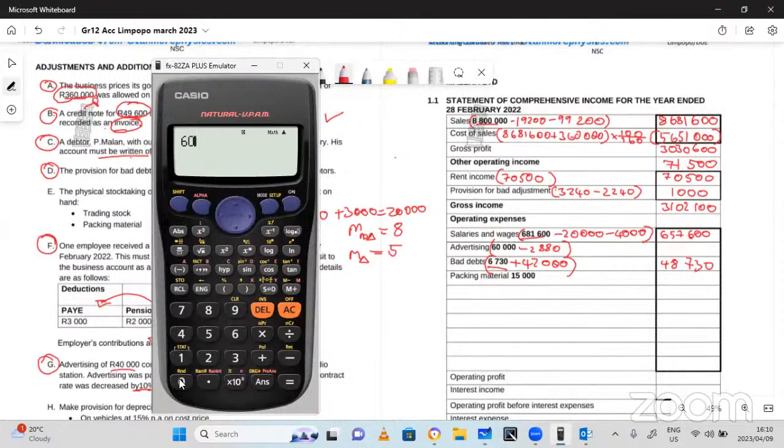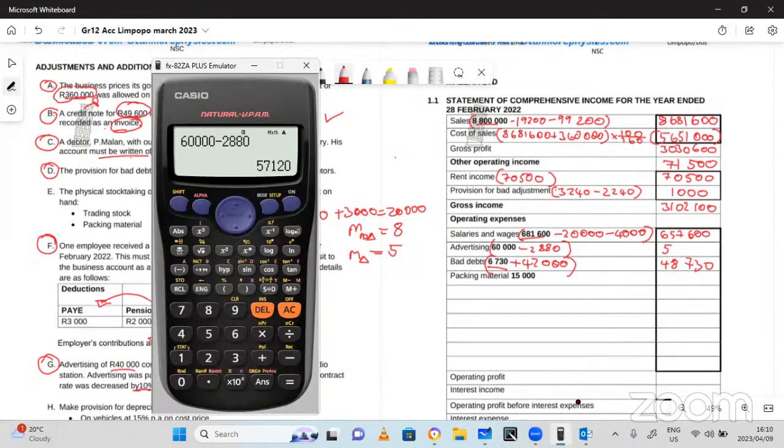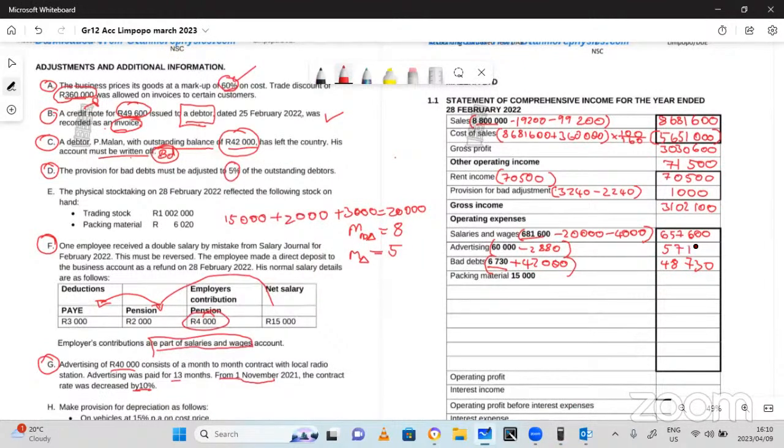So to do the calculations, we took the 60,000 and subtracted the 2,880, which gave us 57,120. So guys, now we are dealing with the packing material.